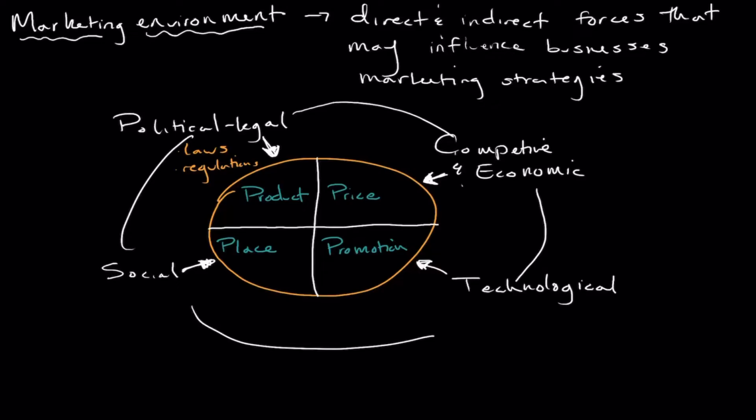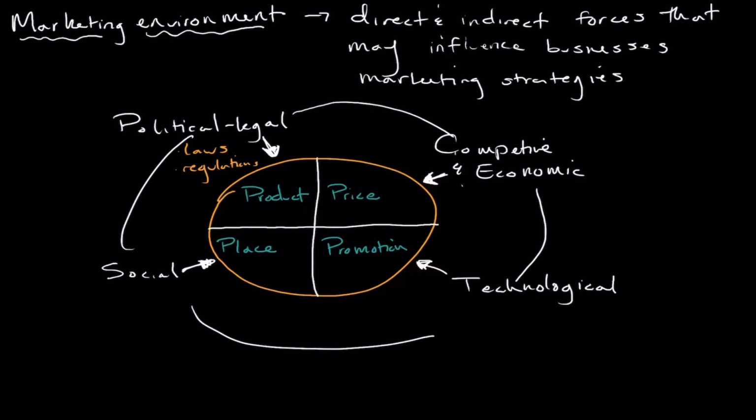Even in today's relevant time, you could argue that a lot of the shelter-in-place orders associated with the containment of COVID are in many ways a political legal force that affects a business's marketing strategies. And there are plenty of examples of things that businesses are doing to adapt, right?